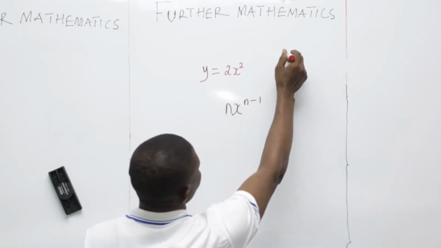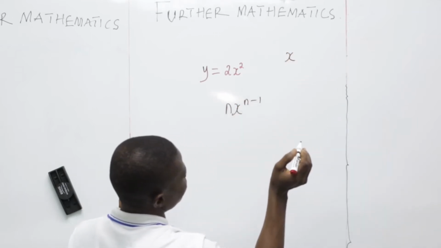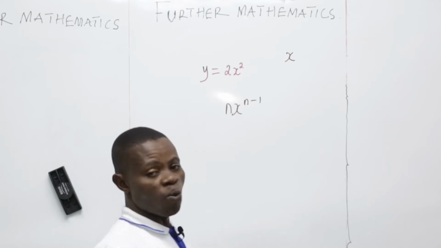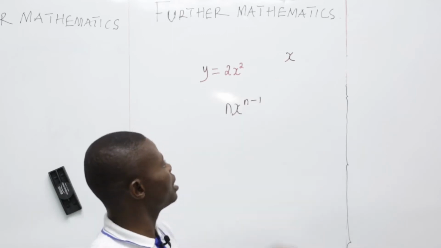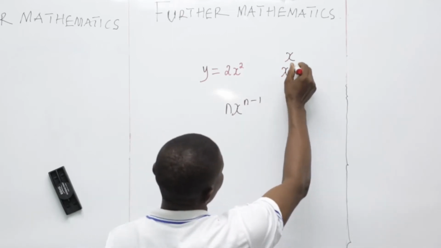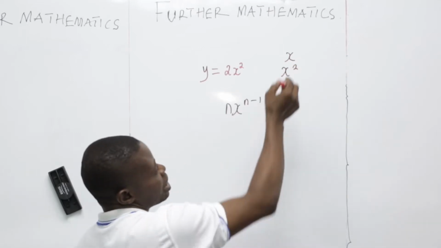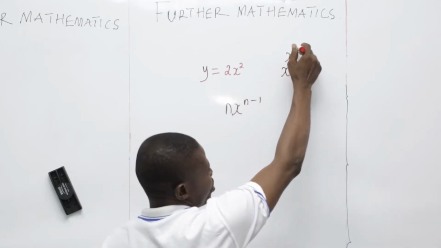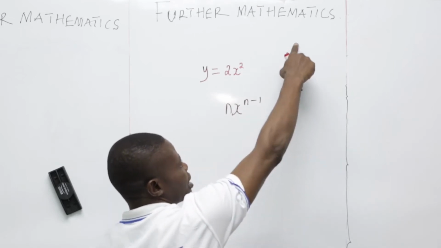That is, I have x. And when the power of x is greater than 1, it is also visible. But the one that is not visible is just this. Bear it in mind, this is power 1, but you don't write that in maths.